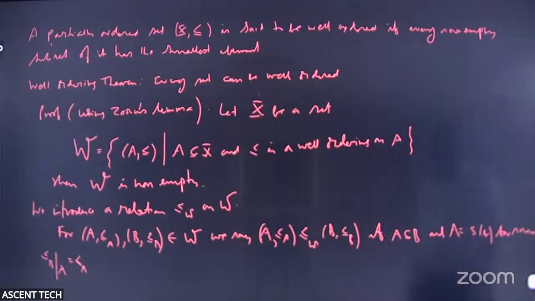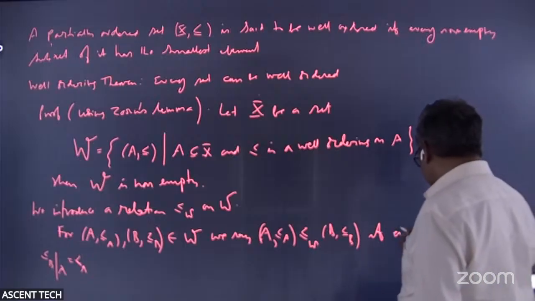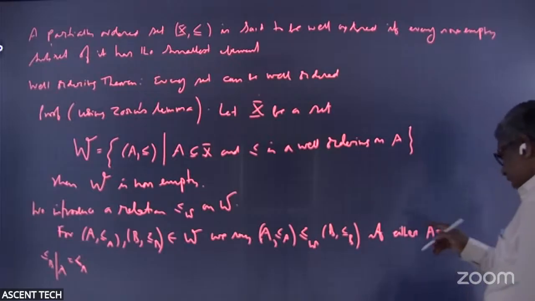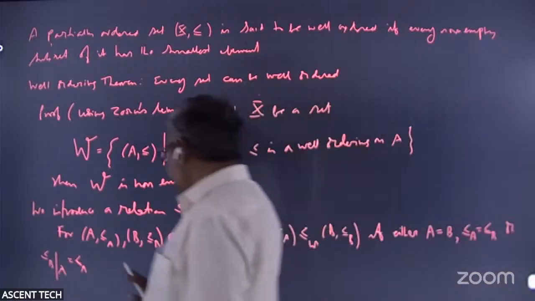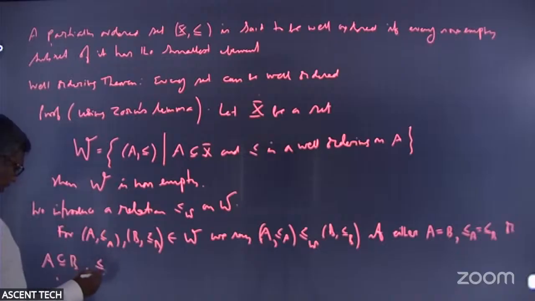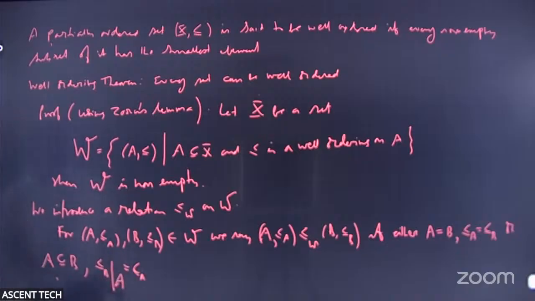If they're equal, I can say that either A is equal to B along with the inequality, or A is contained in B, and the inequality on B restricted to A is the inequality on A. Actually, it's an inequality, right?